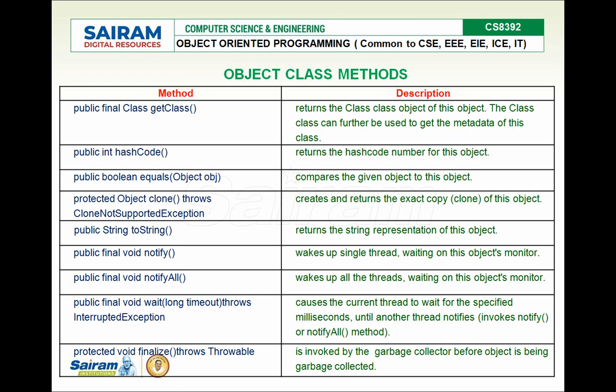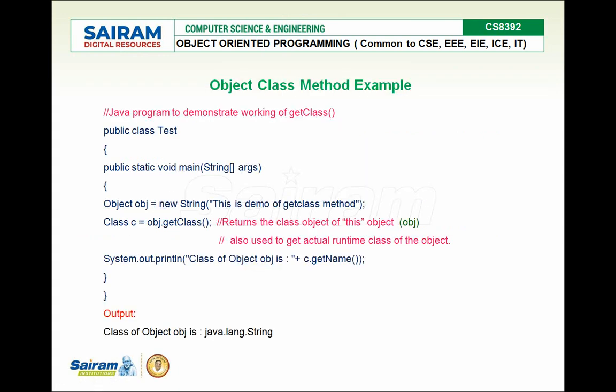These are all the methods available in the Object class, and we'll see an example for this. I have a class named Test, public class Test. In public static void main, I'm creating an object for the Object class. So don't confuse object with the literal name. Here Object is the class.